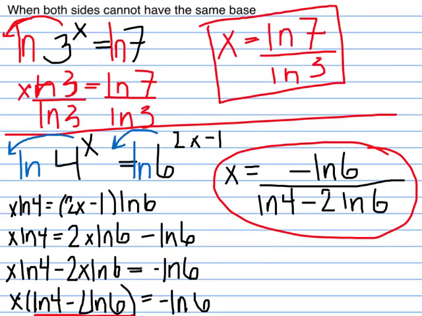So let's look at that. Negative ln of 6 over ln of 1/9. Well, that's kind of interesting here. We can take this 1/9 and I guess we could do a couple things with it.